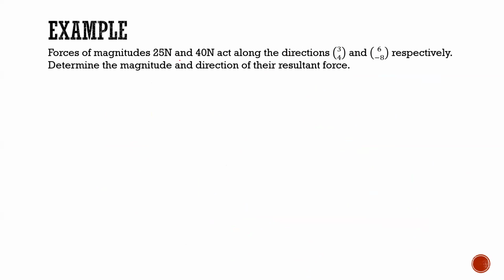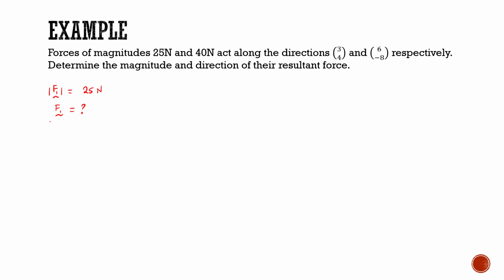Forces of magnitude 25 newtons and 40 newtons act along the directions given. Determine the magnitude and direction of their resultant force. Okay, so we have a force of magnitude 25 newtons. Let's call it F1. The magnitude of F1 is 25 newtons. We don't know what F1 is, but we've been told that it's acting along the direction 3, 4.